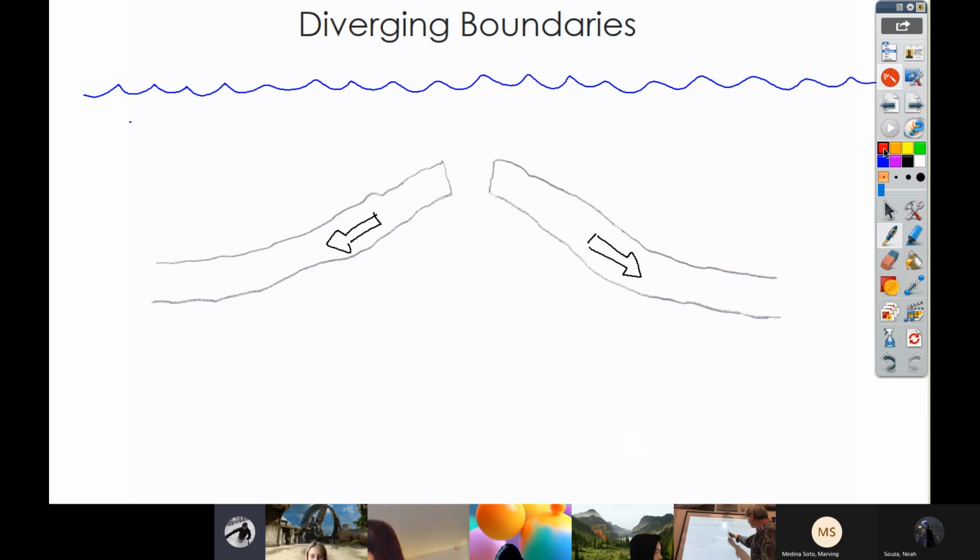And they've been lifted up right here to form an underwater mountain range. So at the top of the mountain range, you can see there's a split. This split is called the Rift Valley. A rift means a tear or a break or a split.